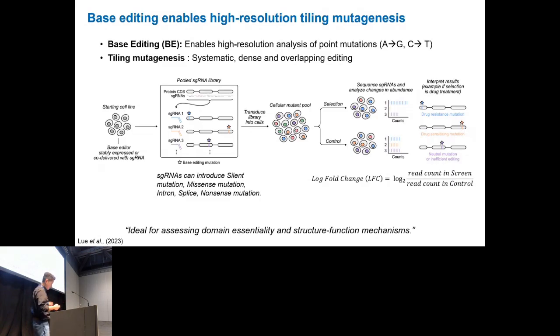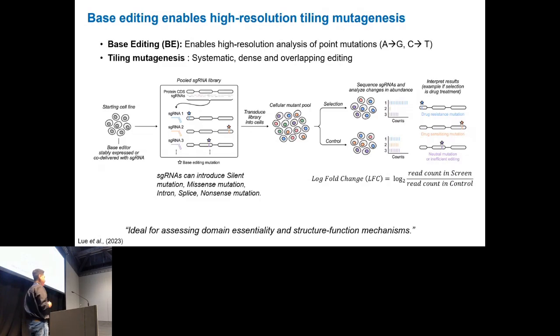And tiling mutagenesis ideally introduces a lot of mutations across a gene or a protein. So by combining the precision of base editing with the resolution of this mutagenesis, we can systematically introduce point mutations to study protein function at high level and high resolution.